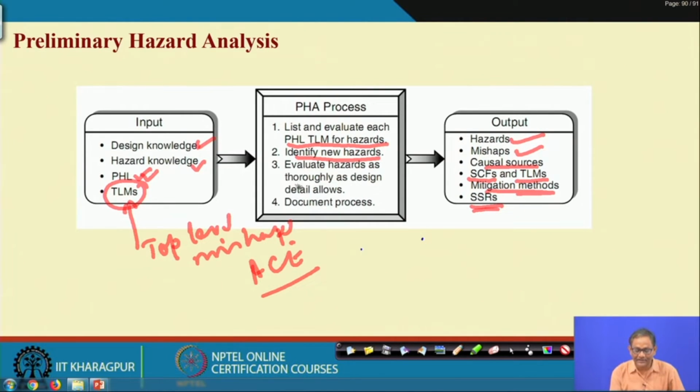Then evaluate hazards thoroughly as design details allow, and document the process. That means it is intertwined with the PHL. The PHL process and PHA process basically overlap, but PHL will help you do PHA in a better manner. Sometimes we do not do PHL, and we do PHA starting from the first step of PHL to the end of PHA.